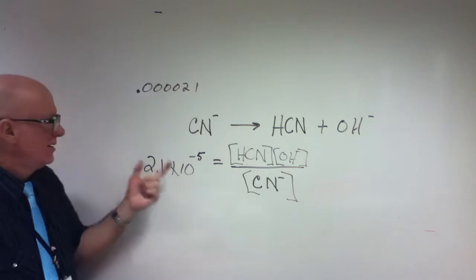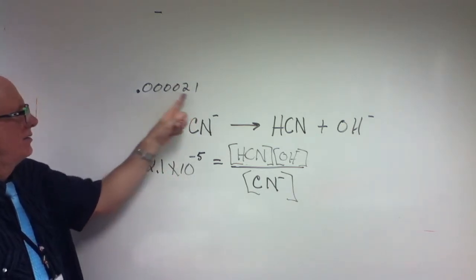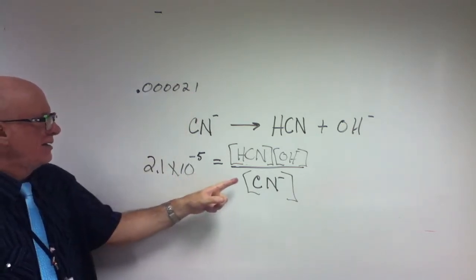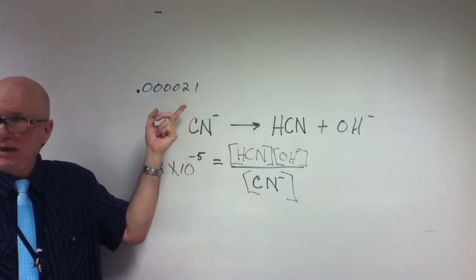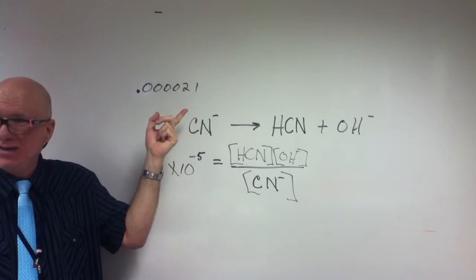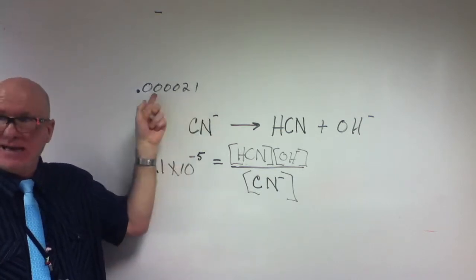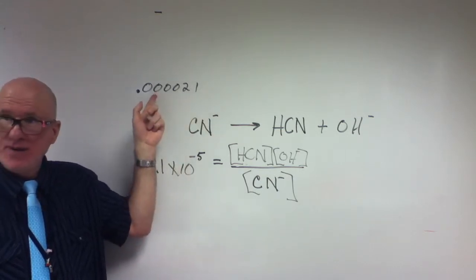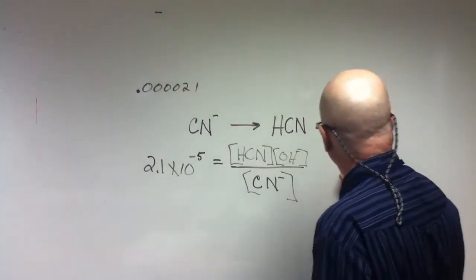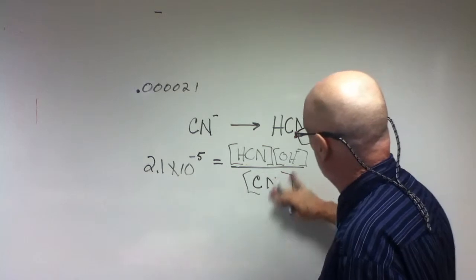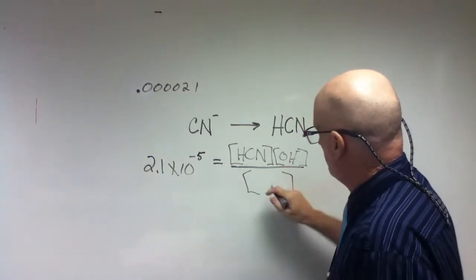So, do you think that x is going to be very large? X is going to be pretty small, isn't it? Do you think that it's really going to make a difference if I put in the 0.01 minus x down here?